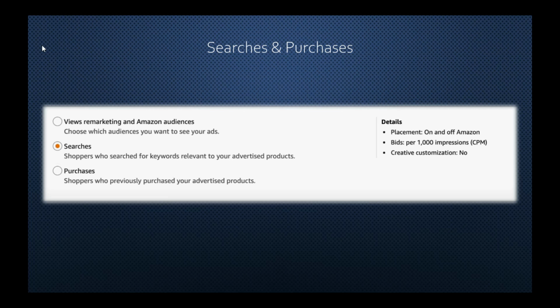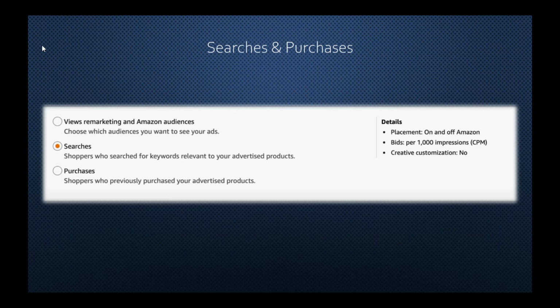The differences are that this is CPM, cost per mille or cost per 1000 impressions, so you get charged every time you reach 1000 impressions. And it's displayed in a sponsored display ad format.